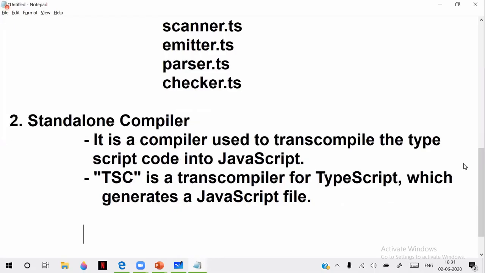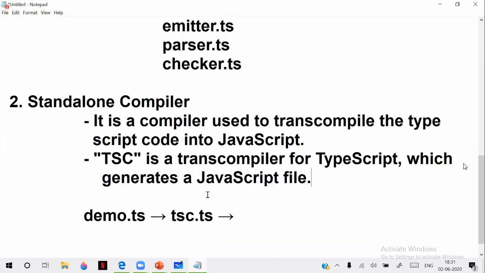That means what actually happens is you write some demo.ts, then it is taken by tsc. This is the standalone compiler. This compiler is responsible for generating demo.js.